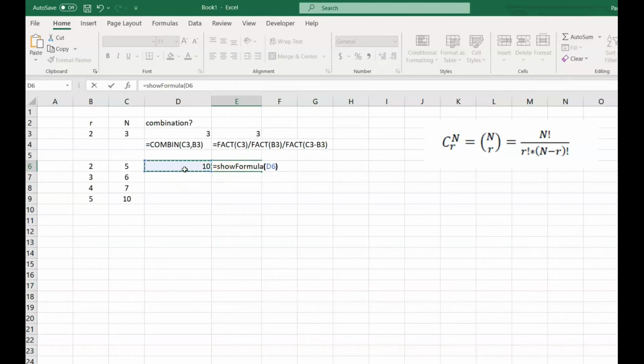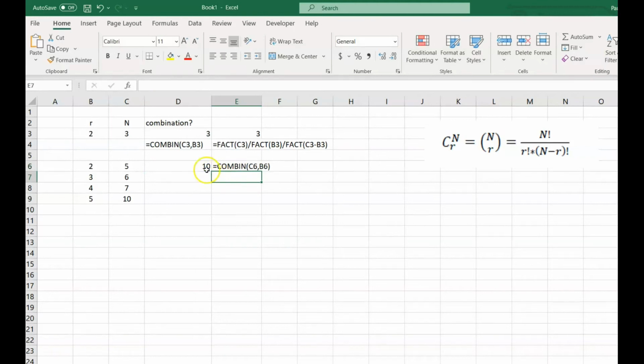How do we get the number 10? Then we can simply copy and paste, and we have all the results. So this is a simple review of how to apply the equal COMBIN Excel function to calculate combinations.